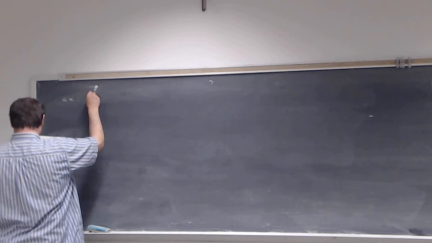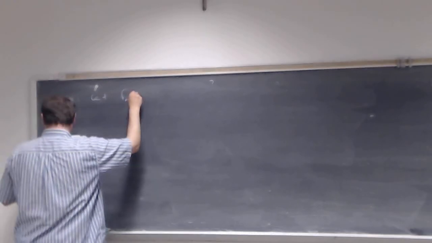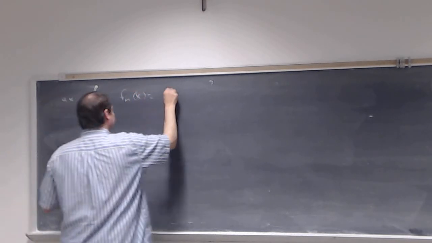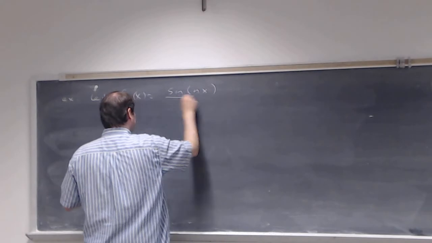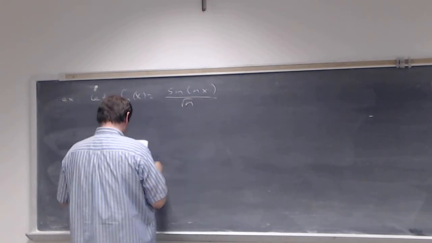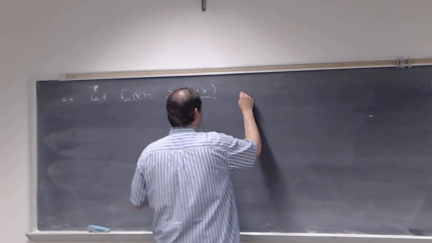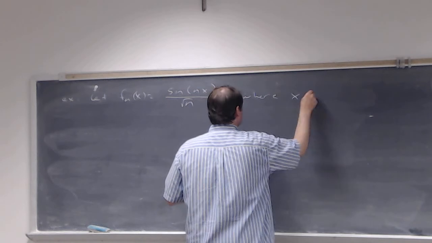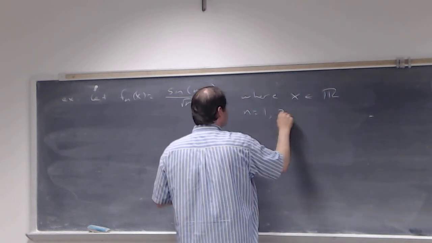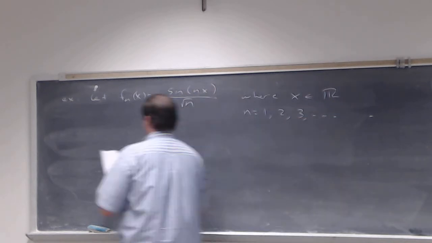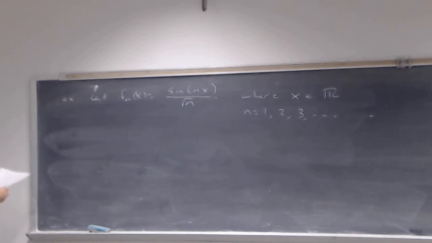Another example is we let f sub n of x be equal to sine of n times x over the square root of n, where x is a real number and n is equal to 1, 2, 3, forever, so it's a natural number.